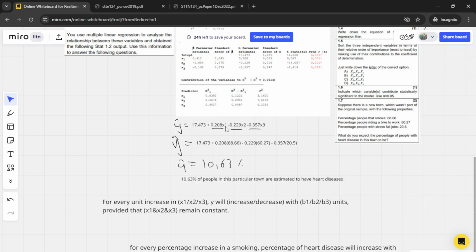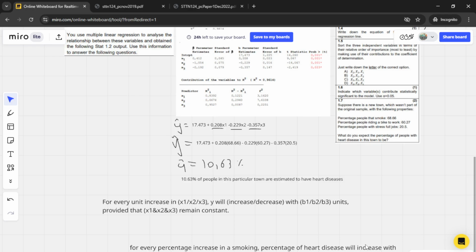So if they set the value of b2, which is the coefficient of x2, you're going to say for every percentage increase in, what is x2 again? Biking. X2 is biking, right? Percentage of biking. So we're going to say for every percentage increase in biking, the percentage of heart disease will decrease in this case because it is negative.